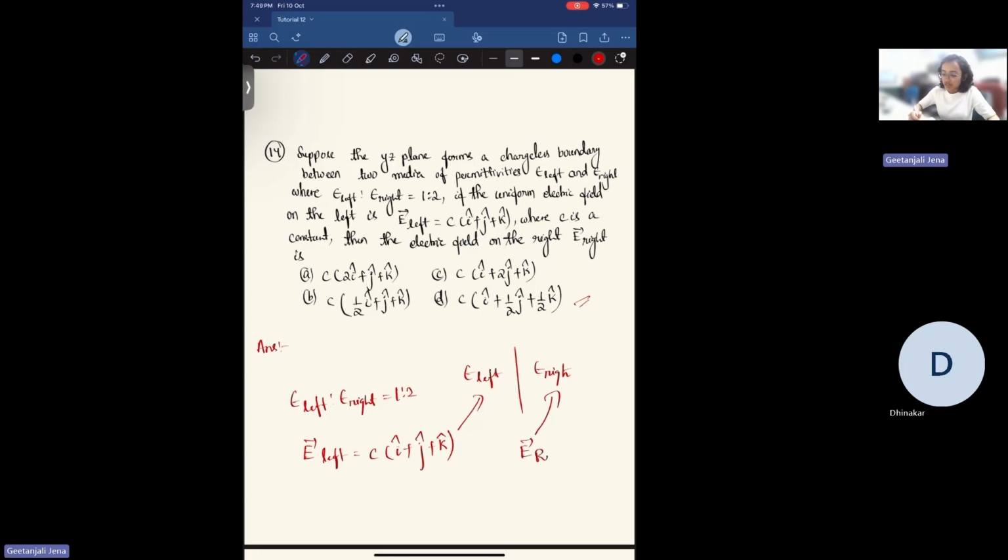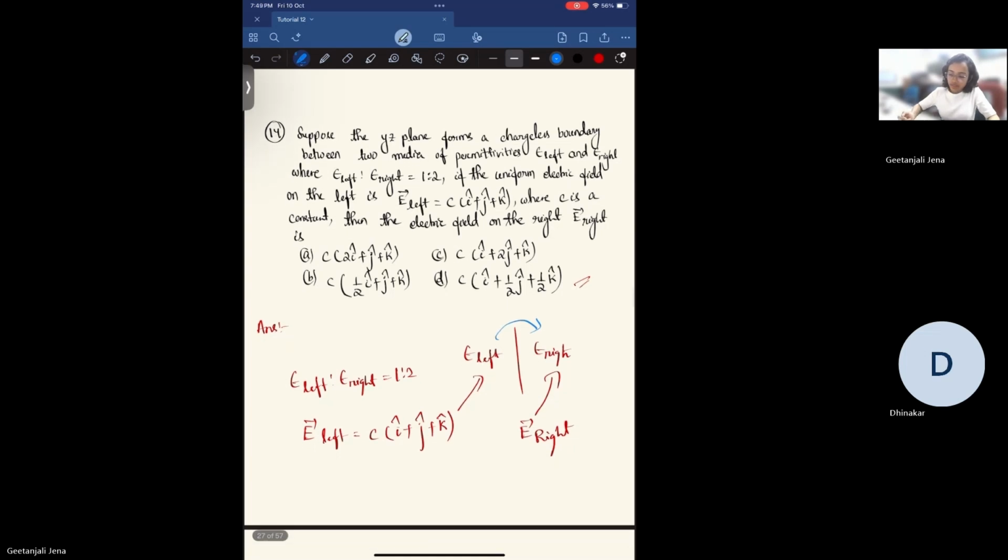So if the electromagnetic wave is traveling from left to right, what will be the expression when you get to the right? Just recall the boundary condition. I think you will get the answer.